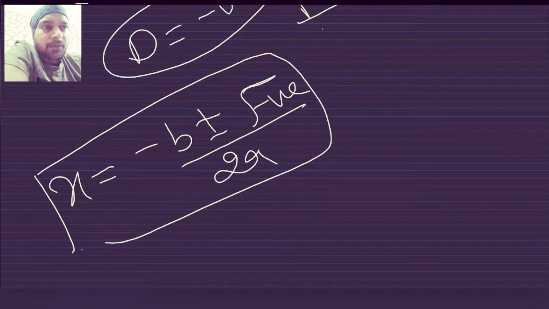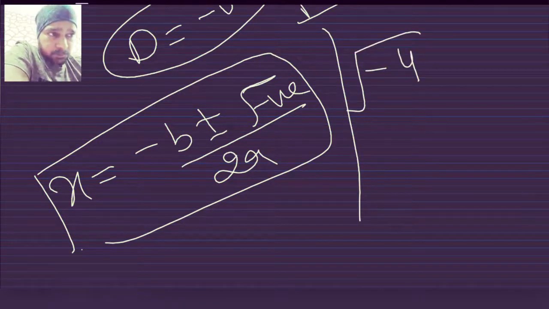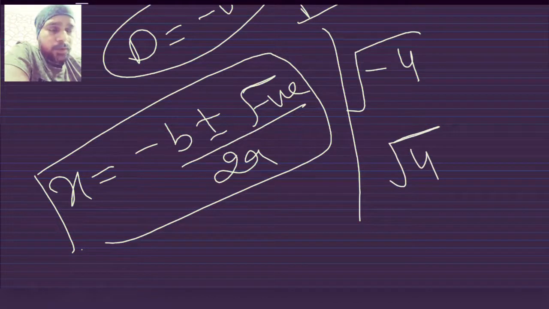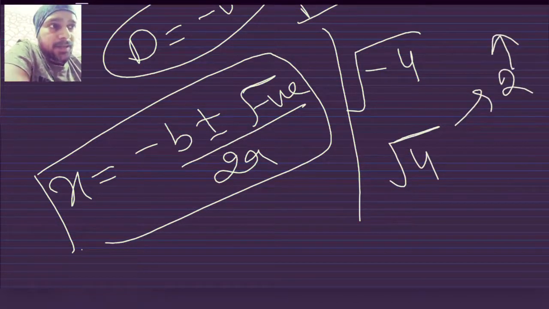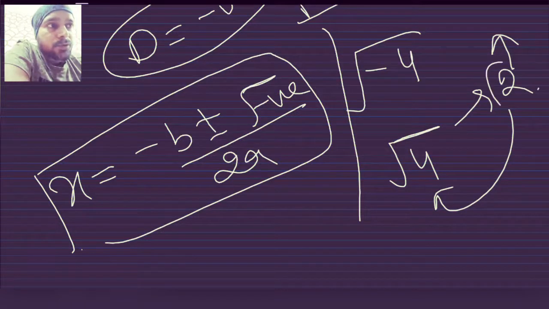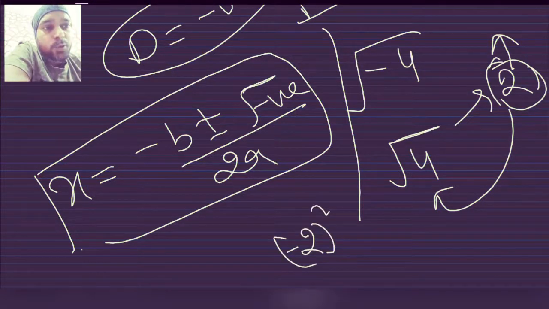Now have you ever calculated the value of root of minus 4? Since we know that root 4 is equal to 2, the square of some number should be equal to 4. What is that number whose square is 4? So 2 is the number whose square is 4. So we got the root of 4 as 2. If minus 2 is squared, then also you are going to get 4.